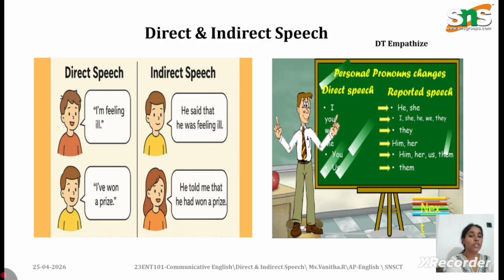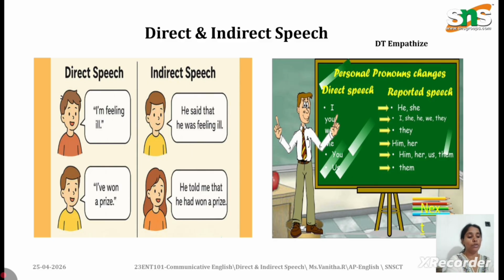Then the change of time and place words should be appropriately used, and use proper reporting verbs: said, told, asked, requested. These are the reporting words that you are supposed to use when you change direct into indirect form. So when you have these, it is indirect speech. These are the few things you should always remember.